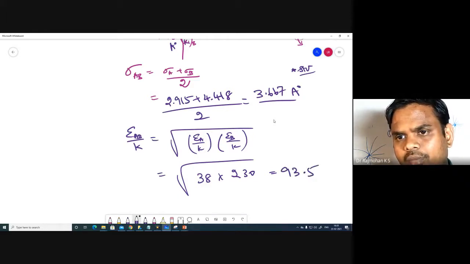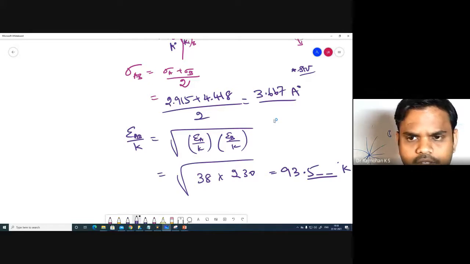I am writing 93.5, you write 3 digits. This is again epsilon by k, which will be in degree Kelvin.